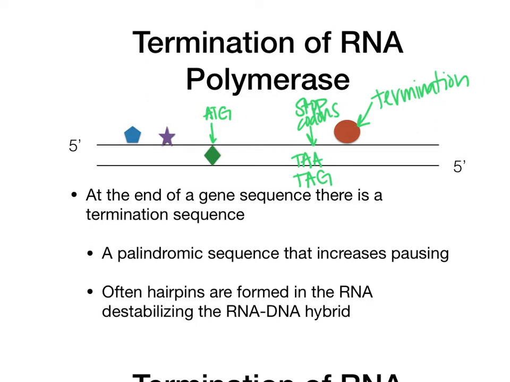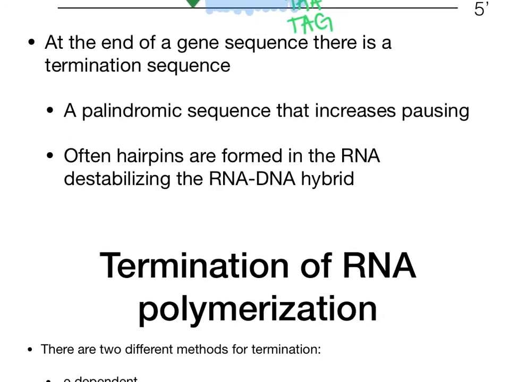So this termination could include a palindromic sequence that's going to increase pausing, or it's going to create a hairpin. So the gene itself, the protein of interest or the cellular machinery that we are interested in, is found in this region here. And so in this case, we're looking at the excess parts of mRNA.